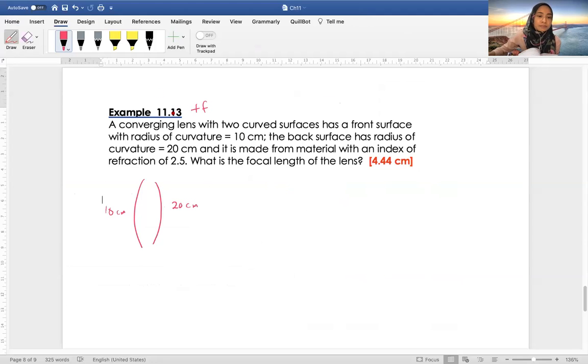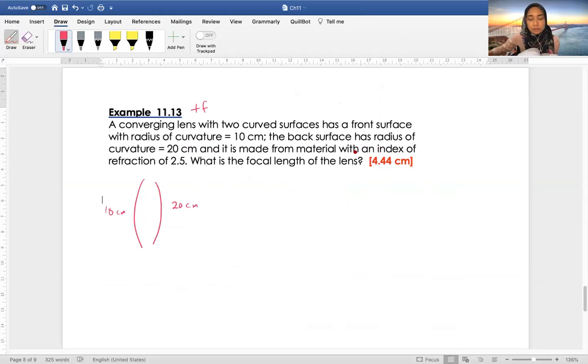Okay. Nampak. Okay, so let's do example 11.13. It's in your book, page 142. So a converging lens with two curved surfaces has a front surface radius of curvature 10 and a back surface of radius of curvature 20. Since it's giving me a positive value, I will assume that it is melengkung, okay, because melengkung akan jadi positive, right?